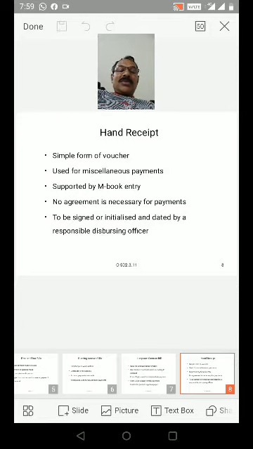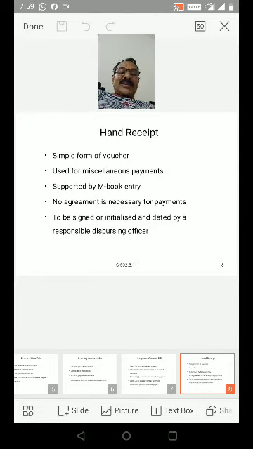So the hand receipt, form 28, is supported by measurement book entry because it is the only basis.